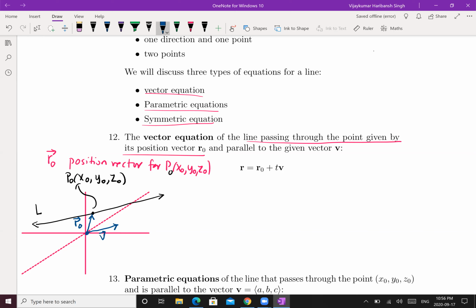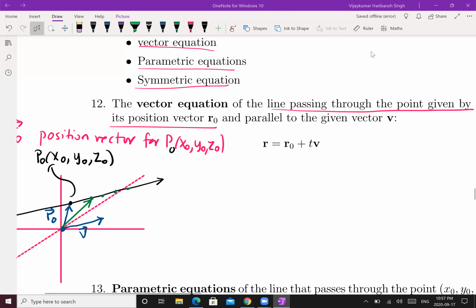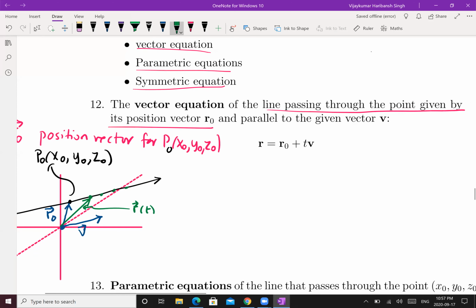Now what we want to do is produce the position vector of points on this line. So let's take a generic point here, and we want to find its position vector, which is r of t. We want a general formula, a general representation for r of t.